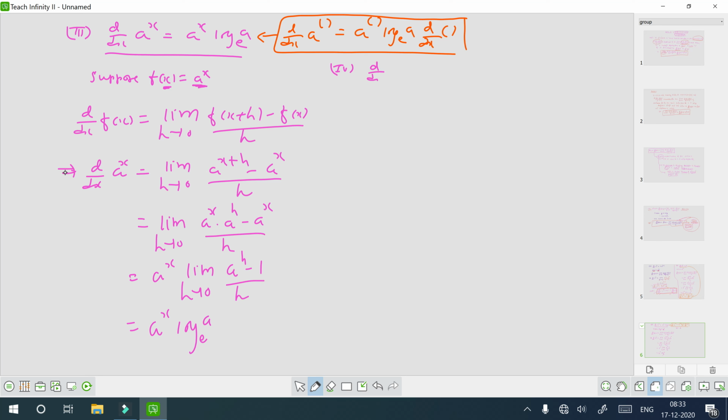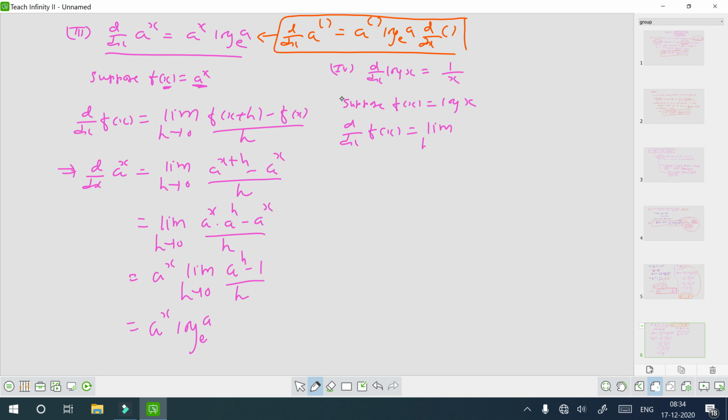Fourth one, d by dx of log x is equal to 1 by x. That we know. Once again it is a logarithmic function. So suppose f(x) is equal to log x. What is d by dx of f(x)?